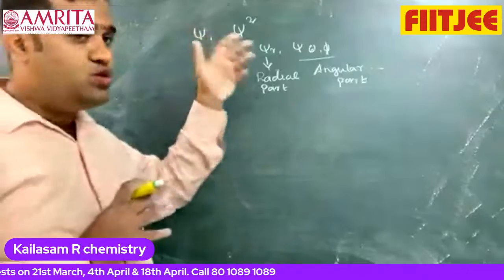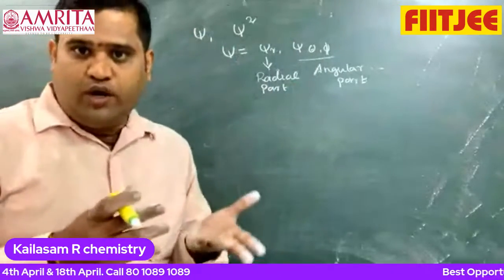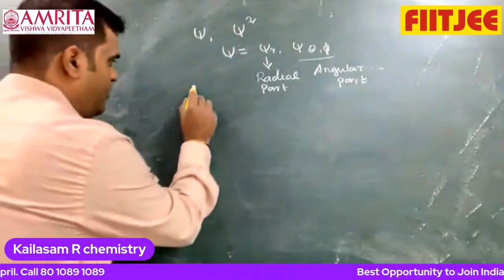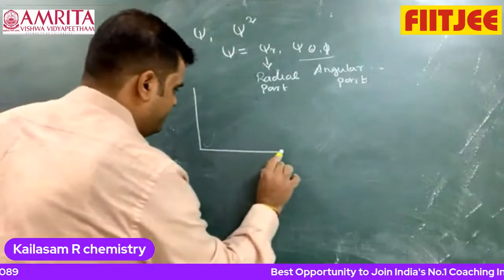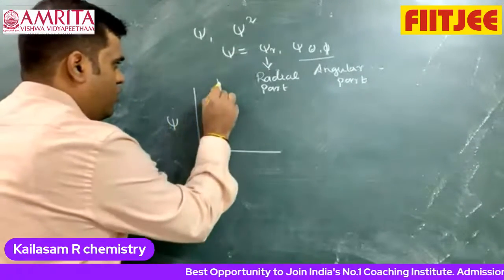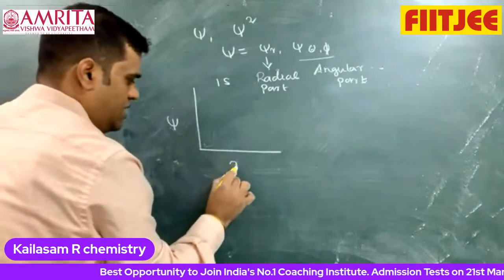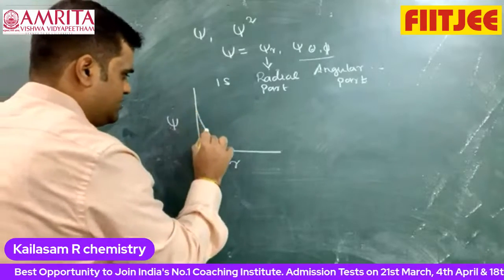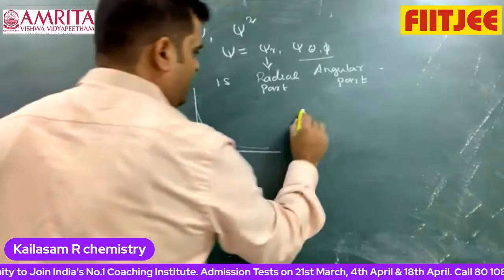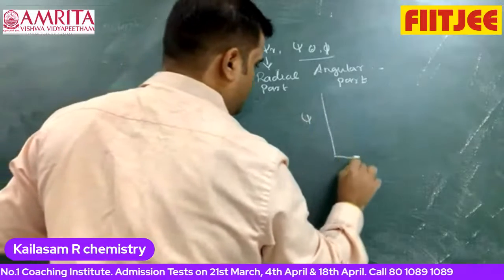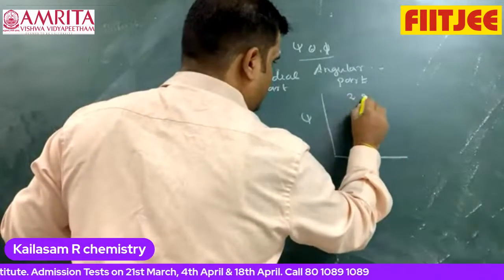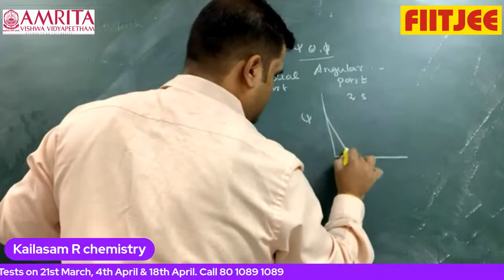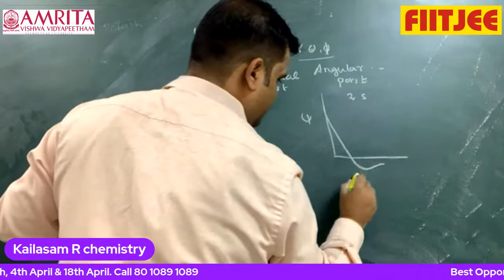And psi has no physical significance. So how are we going to show it? Very simple. Draw the graph for that result. Psi for 1s versus r. Look at this, I am getting a curve like this. Now when I go for psi for 2s, this is r.